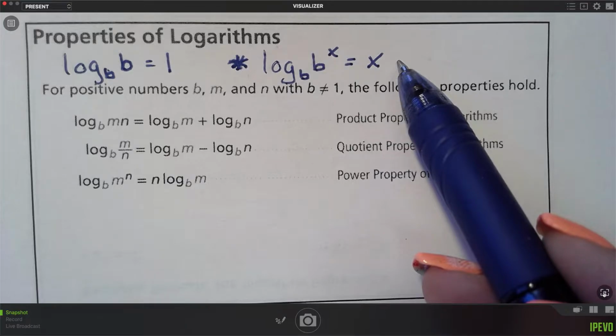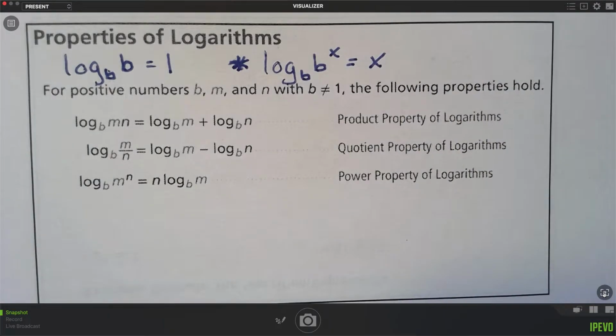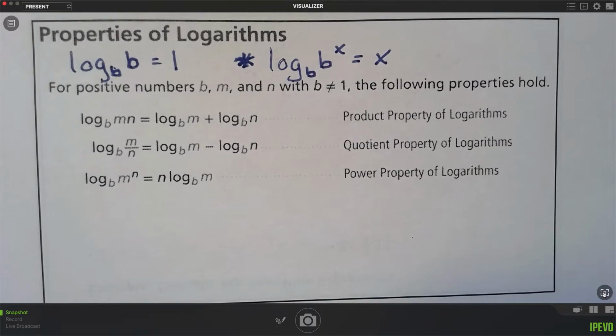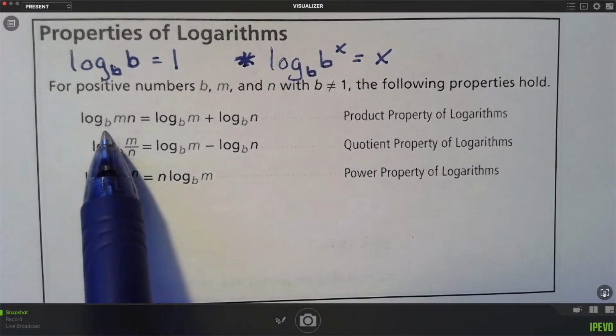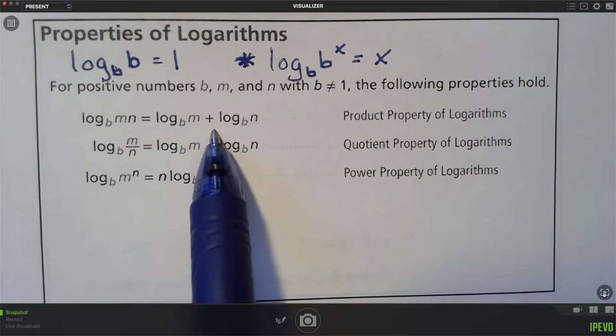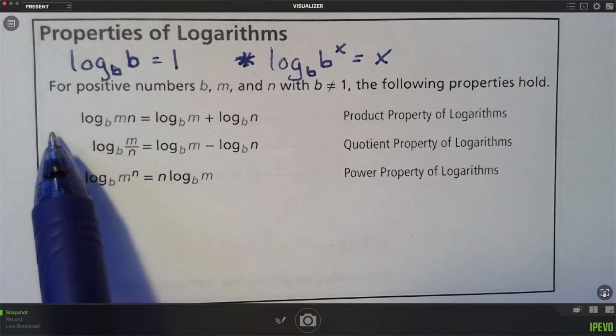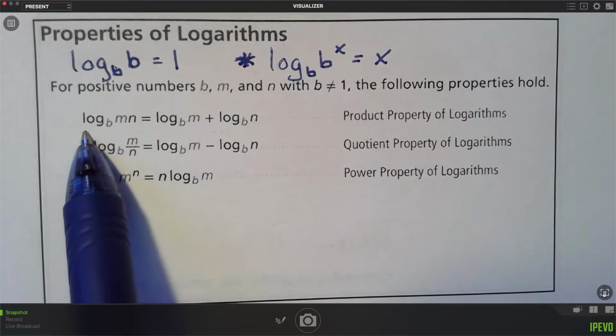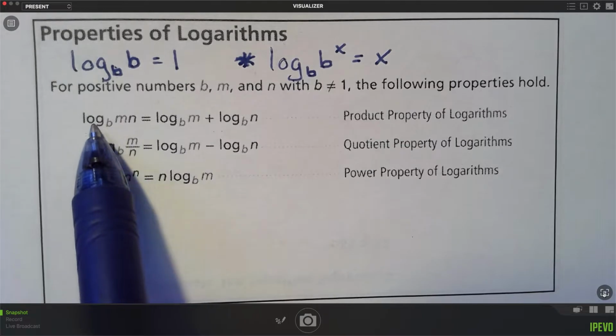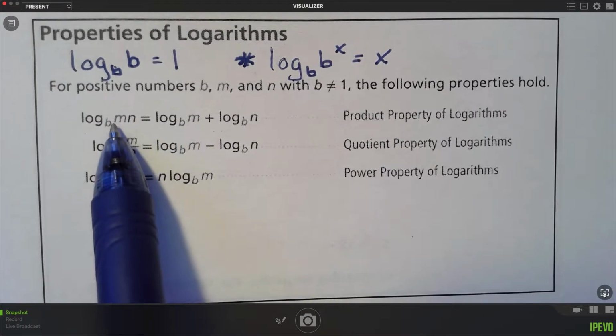So you need to show your steps so your brain sees those rules and can use them both left to right, basically, up and down. We're going to condense things and we're going to expand. From left to right is expanding. What's from right to left? Condensing. Okay, so you can use these rules from left to right or right to left is the goal today.